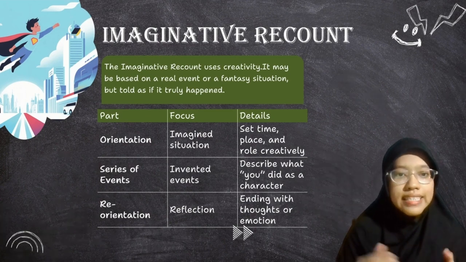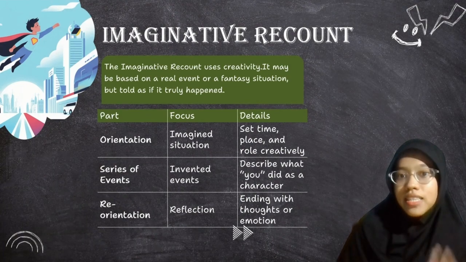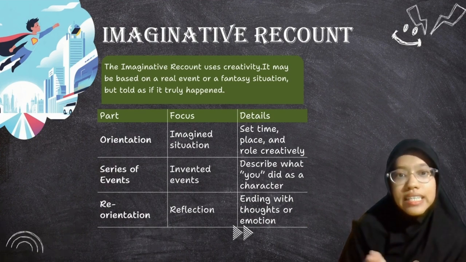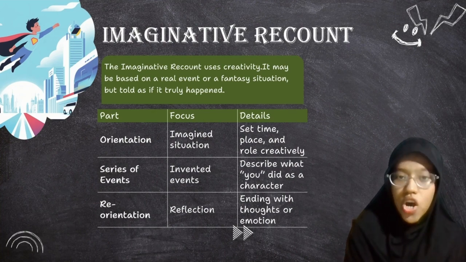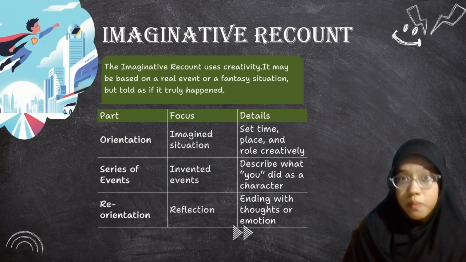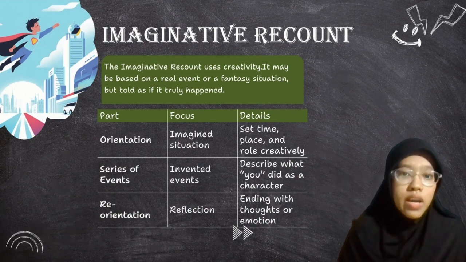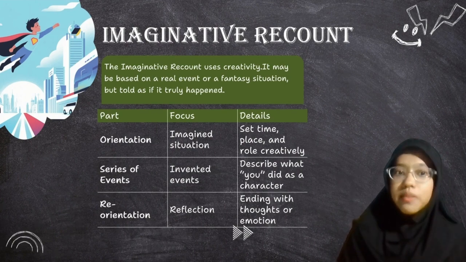The fourth is imaginative recount. Imaginative recount is a text that combines a real or imagined event with creative storytelling. For the structure, the orientation sets the scene in an imaginative way. For example, you might start as a historical figure or a student in another time or place. The series of events describes what you experience as a character step by step, still in the past tense.